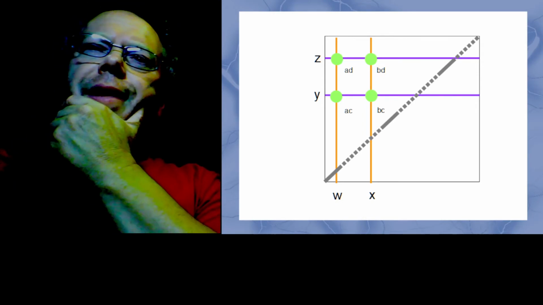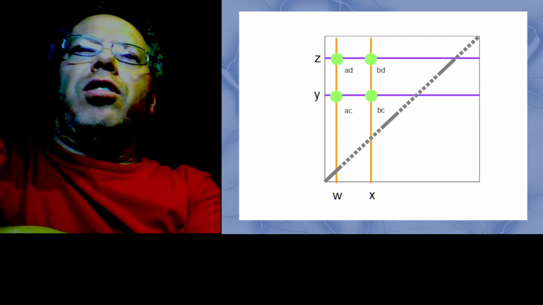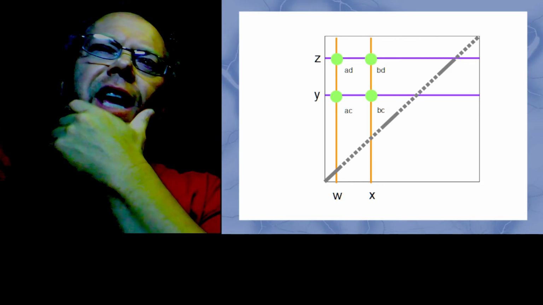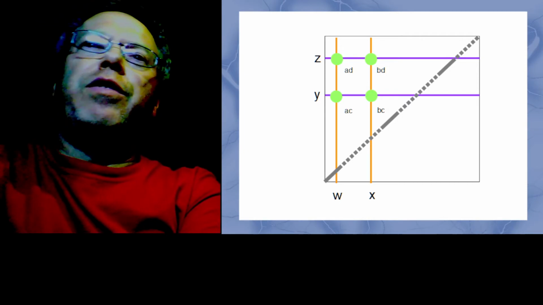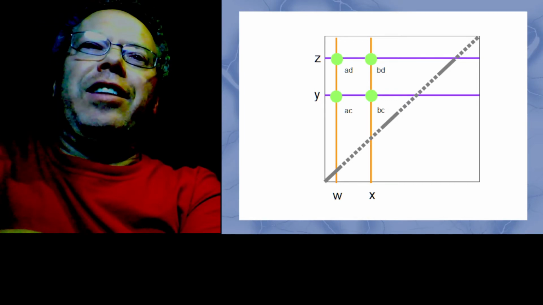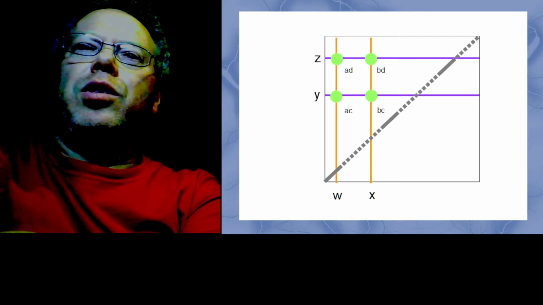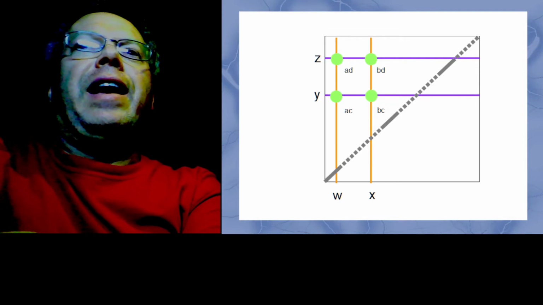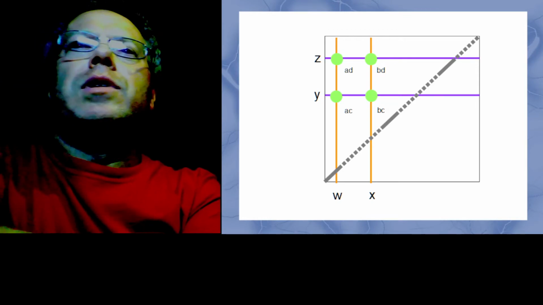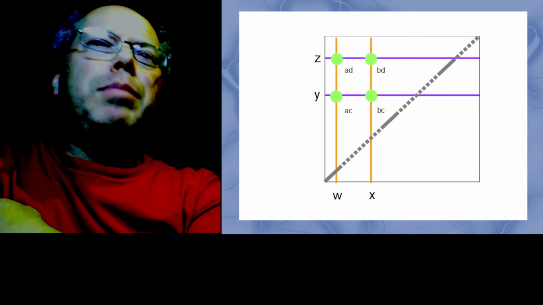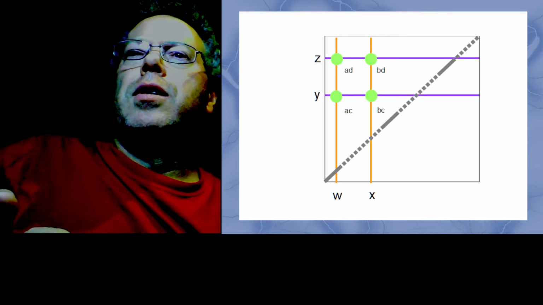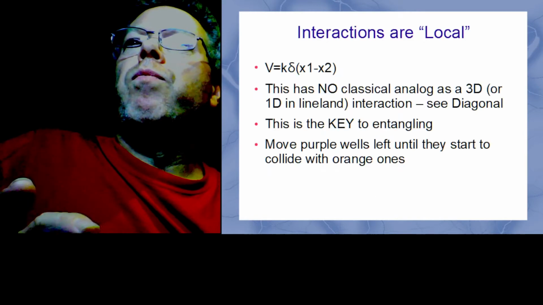So I've got W and X on the lower axis and Y and Z on the upper axis. And the amplitudes, everybody has to live in one of those 4 green dots where they intersect: WY, XY, WZ, XZ. And those are the amplitudes: AC, BC, AD, BD, because it's just a product function.